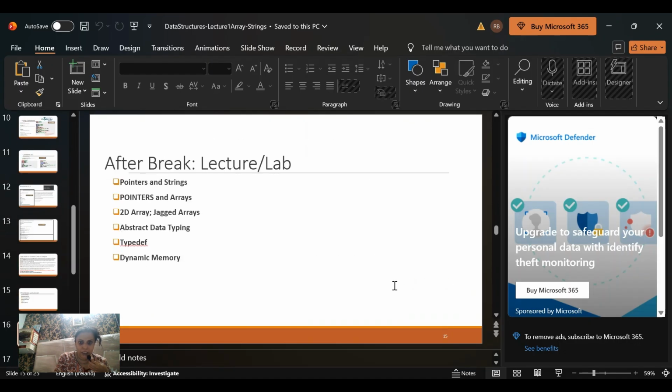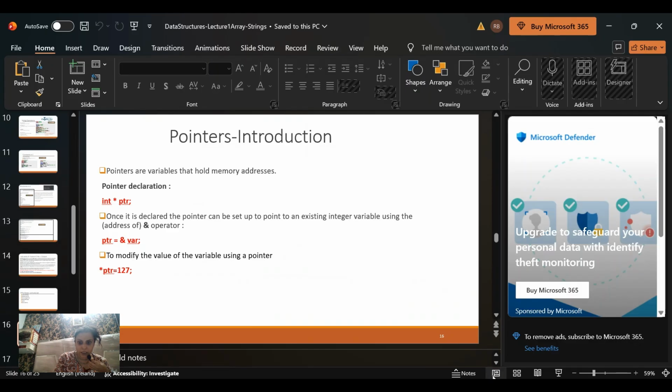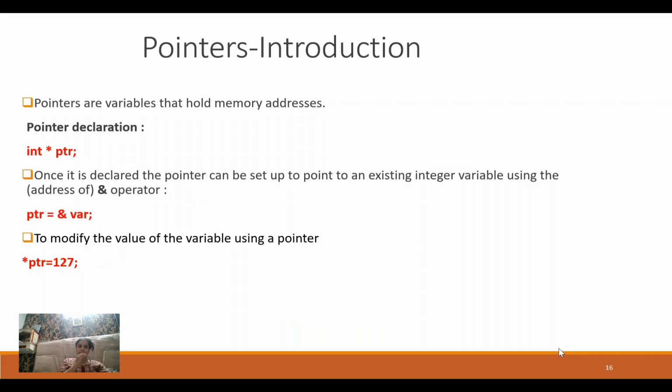So today we will continue with the pointers. So basically, what are pointers? Pointers are variables, but they hold the memory addresses. Instead of holding the actual value, they hold the address of that value.